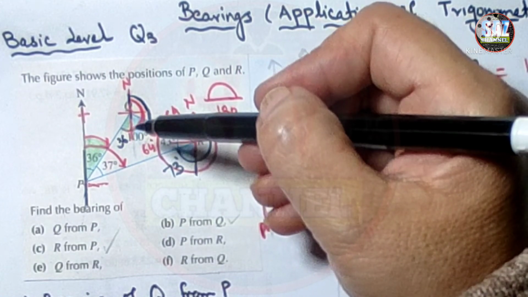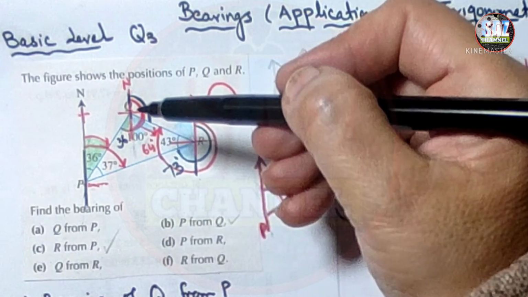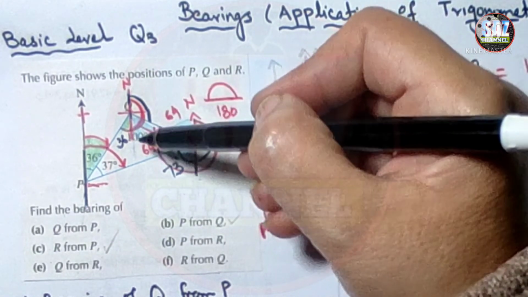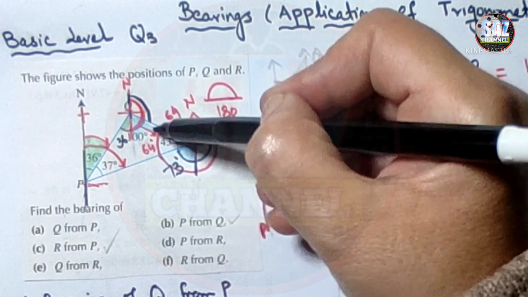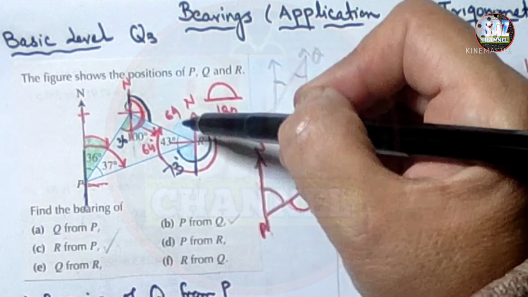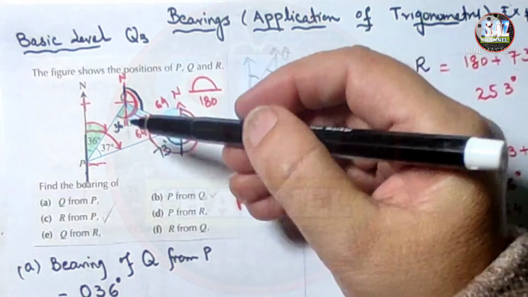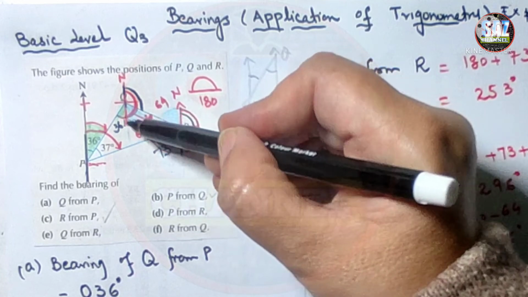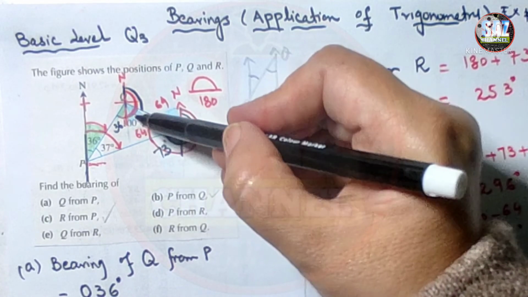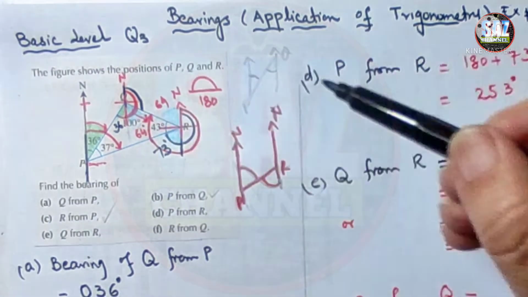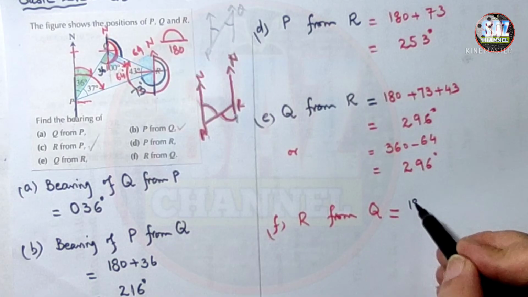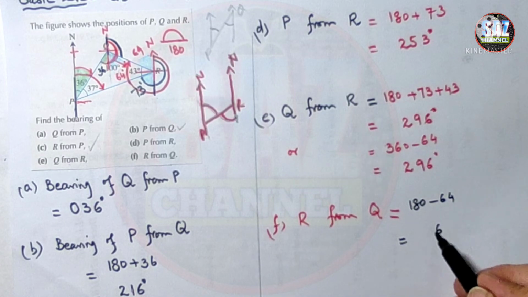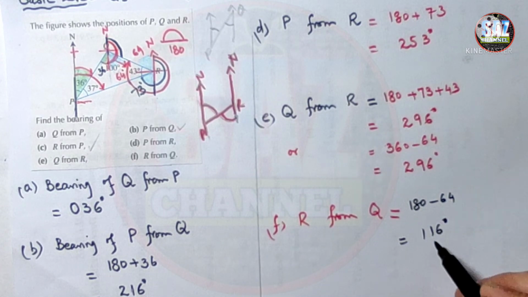So what to do to get this turn only? I do not have this remaining answer. I have to stop at this place. But if I complete this whole turn, I get a 180 degree angle, but this angle is of measure 64 degrees, so it will be 180 minus 64, that is 10 minus 4 is 6, 7 minus 6 is 1, 116 degrees.